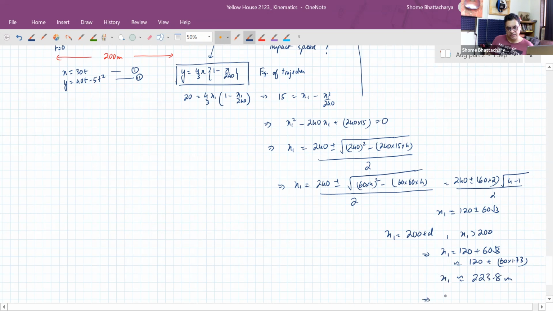So from that you can see that d is approximately 23.8 meters.